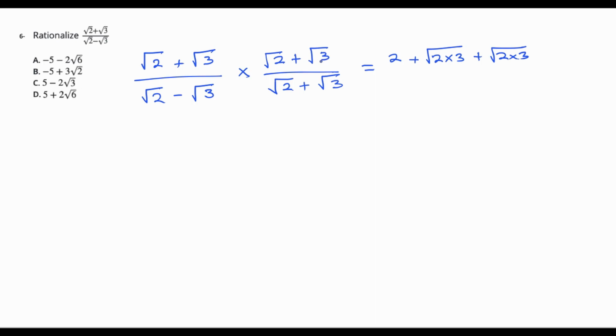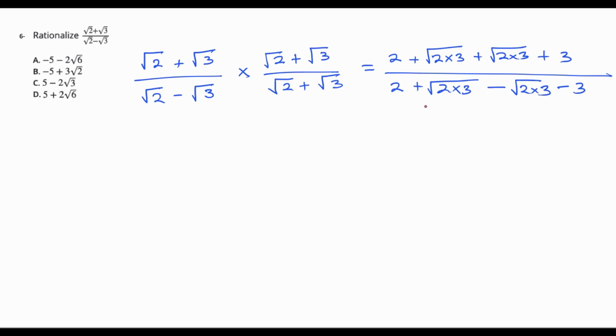And root 3 multiplied by root 3 equals plus 3. All over, root 2 multiplied by root 2 is 2. Root 2 multiplied by root 3 equals plus root 2 multiplied by 3. Minus root 3 multiplied by root 2 is minus root 2 multiplied by 3. And minus root 3 multiplied by root 3 equals minus 3.